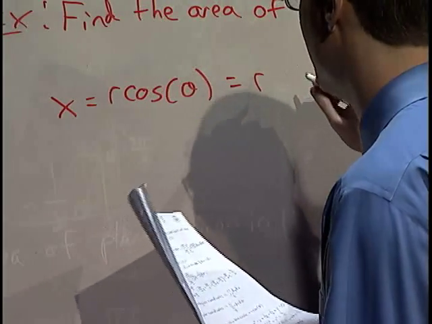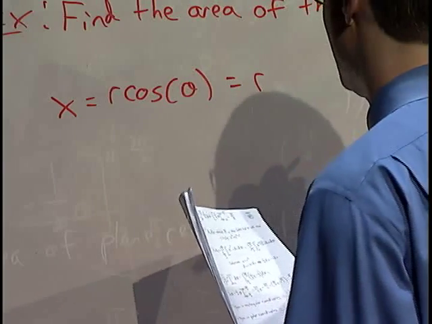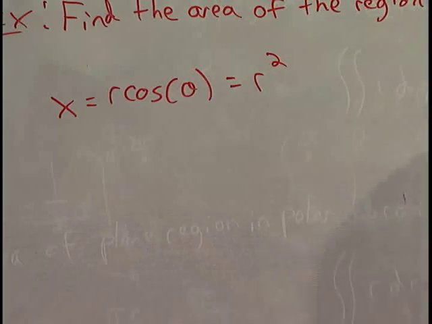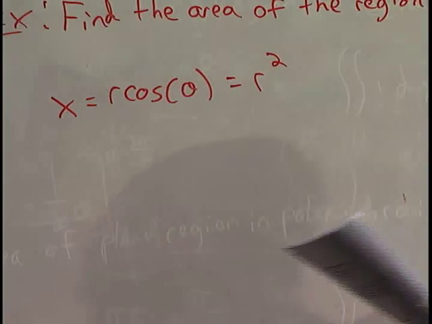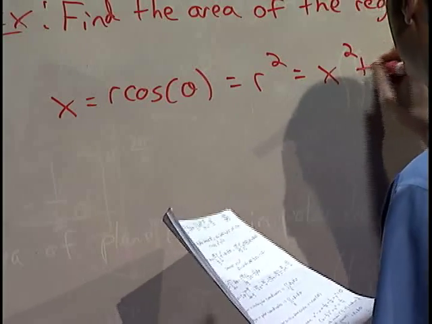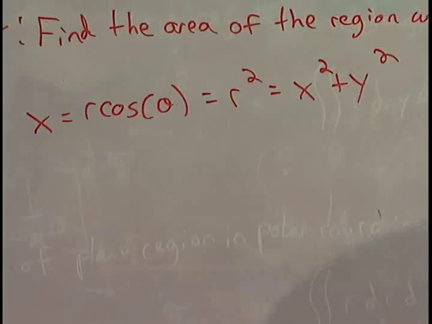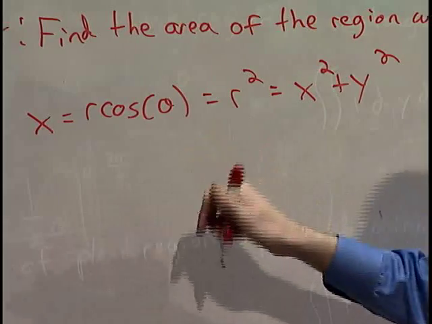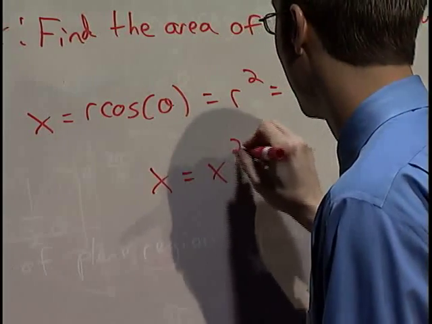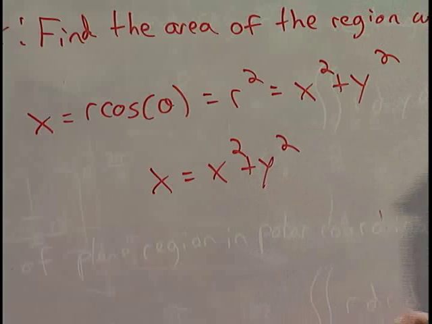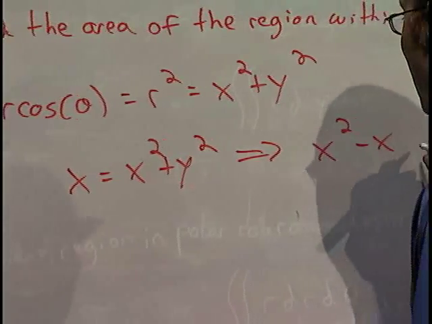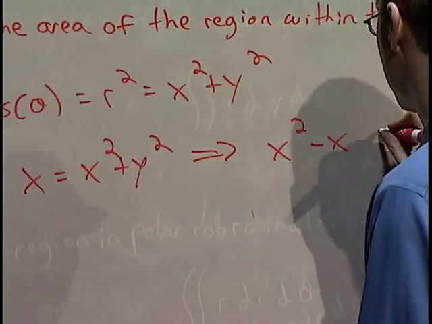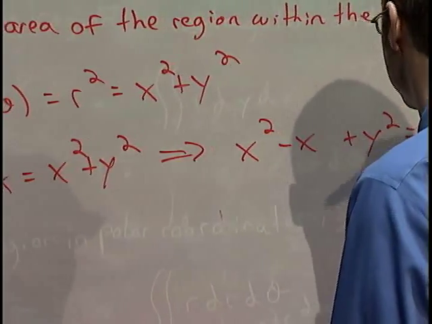So if x equals r cosine θ, then r is equal to cosine θ here. So that's r squared equals r cosine θ, and r squared is equal to x squared plus y squared. So the conclusion I'm drawing after doing that little substitution is that x is equal to x squared plus y squared. So we're going to move things around a little bit. We have x squared minus x plus y squared equals 0.